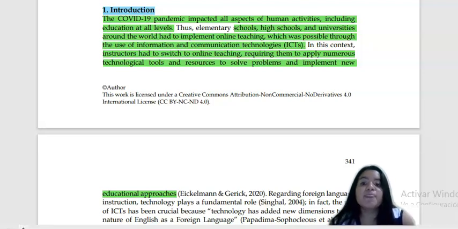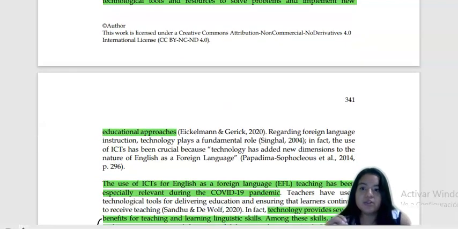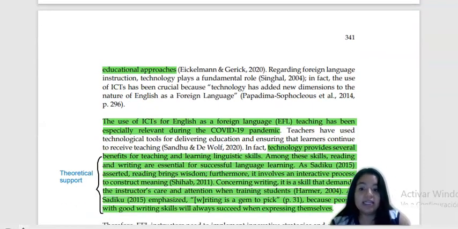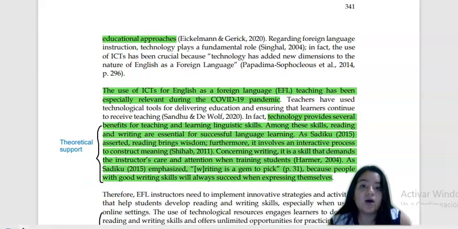The author also mentions that it was not only the student who had to adapt, but also the teacher, who had to apply numerous technological tools and resources to get their point across. They had to implement new ways in their classes so that all the needs of the students were met.